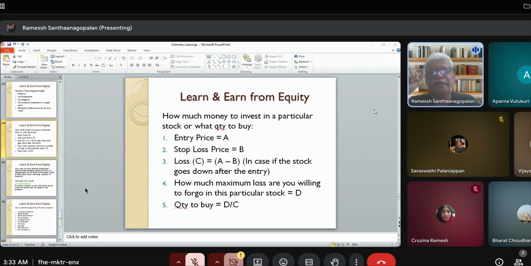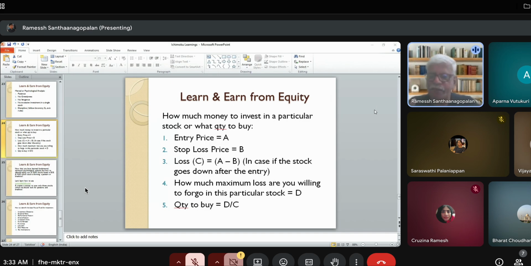That is D. So the quantity you have to buy in this trade is D divided by C: the maximum loss you are ready to forego divided by the actual loss in case it hits the stop loss.